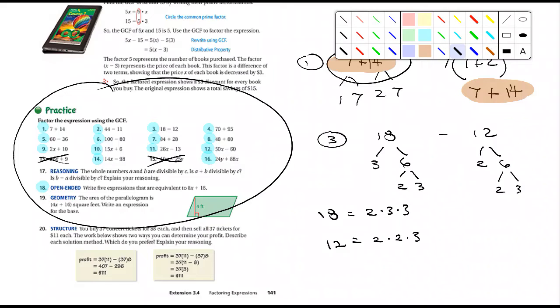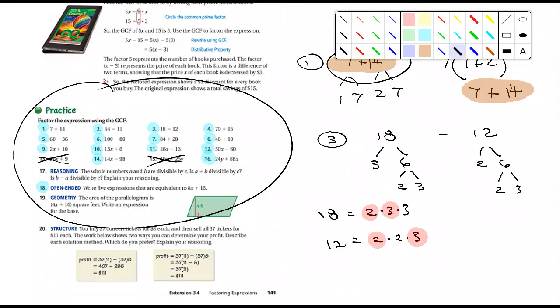Miss Scott, looking at what I wrote here, what factors match? They both have a 2, and they both have a 3. So now what you do is you multiply the two factors that match.